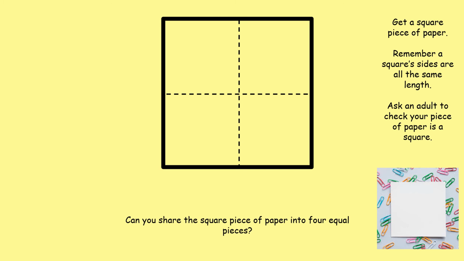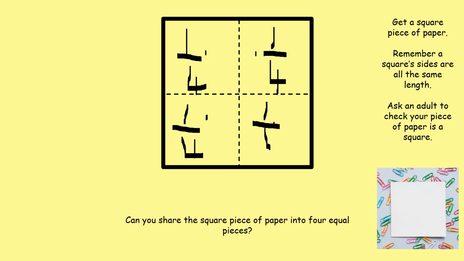Let's count. I've got 1, 2, 3, 4. 4 parts that are exactly the same. What do we call them? Quarters. Okay, here's 1/4. That's 1 piece. Here's my next piece. Here's my 3rd piece. Here's my 4th piece. I've cut it into quarters.